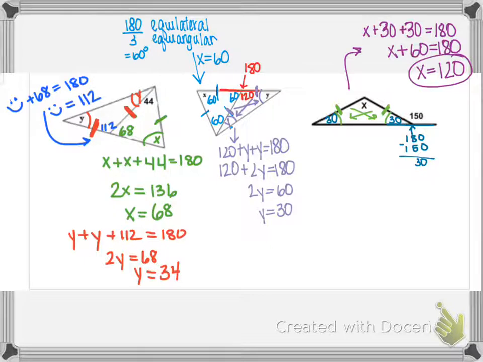Another way we could have looked at that is if you remember that exterior angle theorem. This angle plus this angle is going to be equal to my exterior angle. Remember, these are the remote interiors.